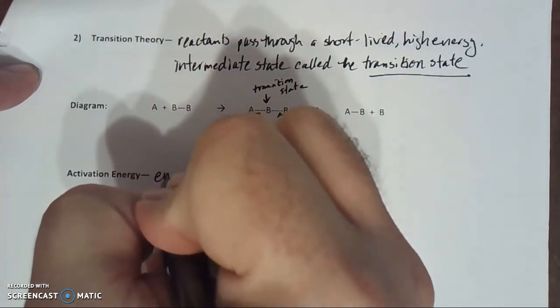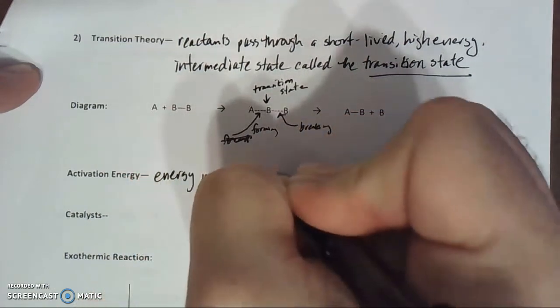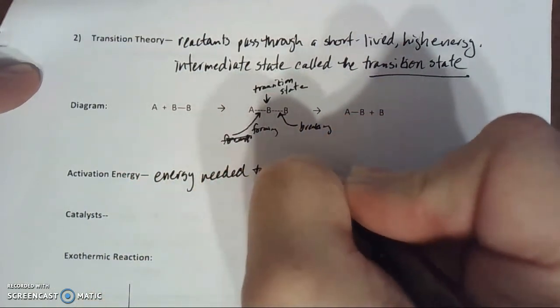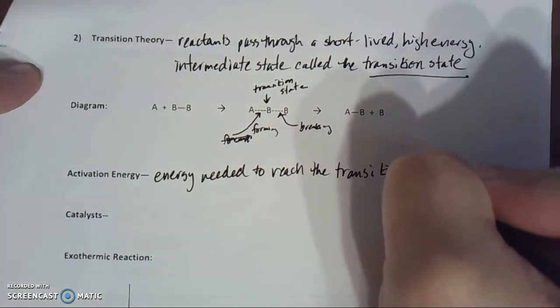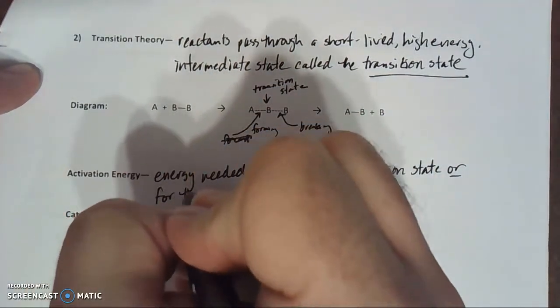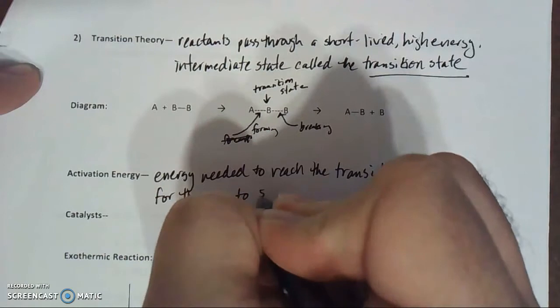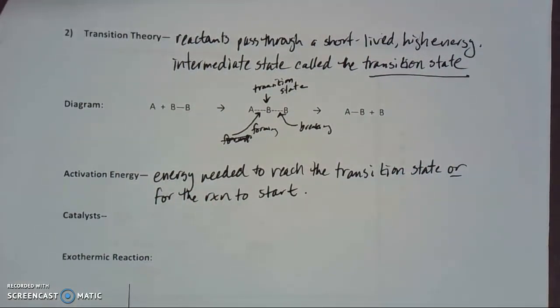Activation energy is defined as the energy needed to reach the transition state, or in other words, for the reaction to start. If we want to light something on fire, we have to provide energy to get that to occur. But once it starts occurring, then it proceeds through.